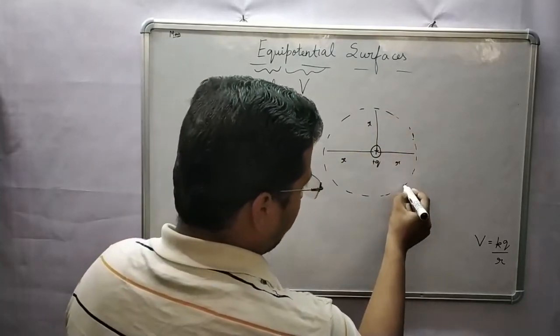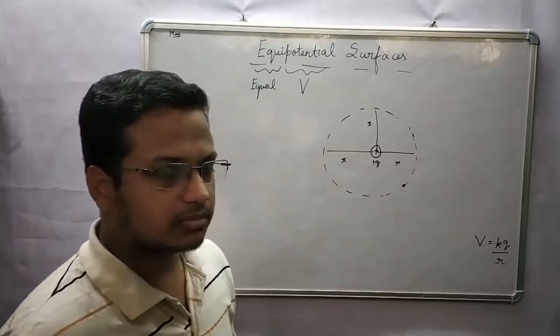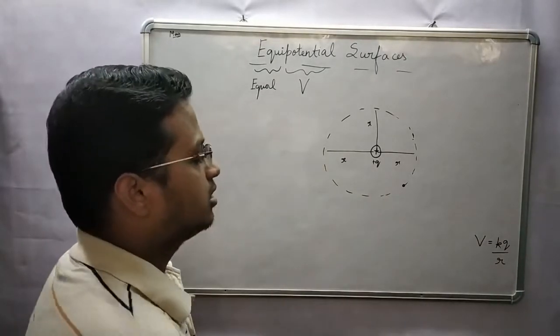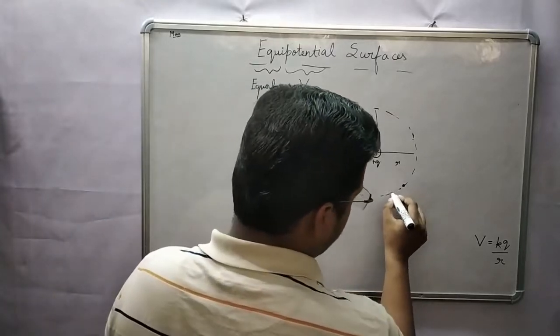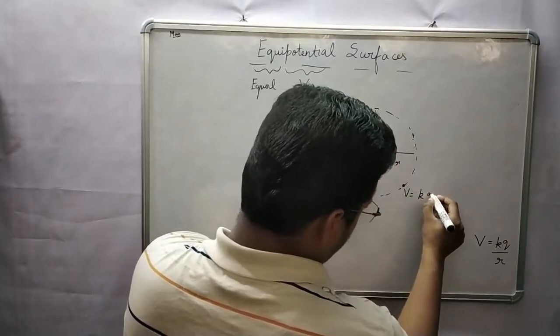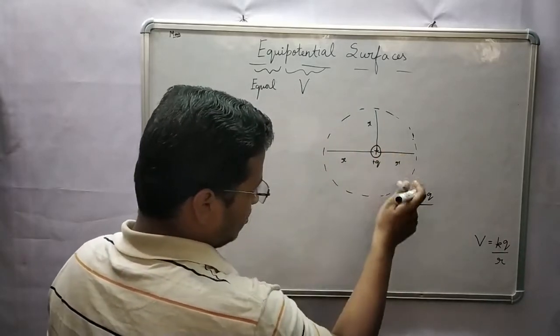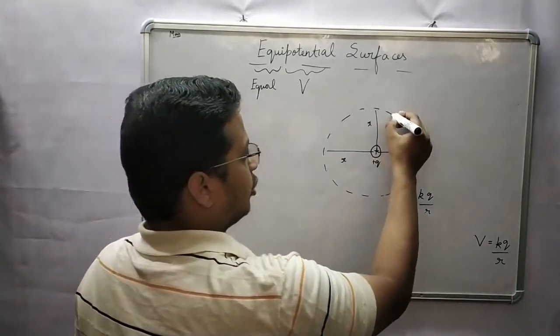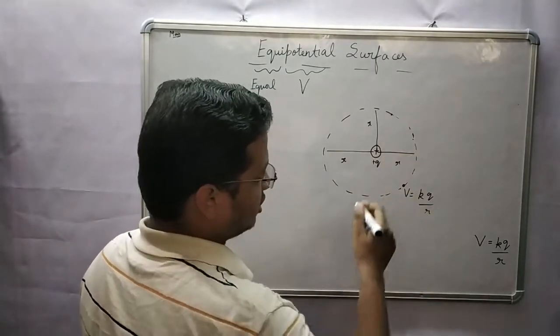So if I take a point over here, if I take a point on the surface of that sphere, then what will be the potential here? So potential will be K. What is the charge? Q. And distance between charge and point is R, radius. Similarly, if I take a point over here, what will be the potential?